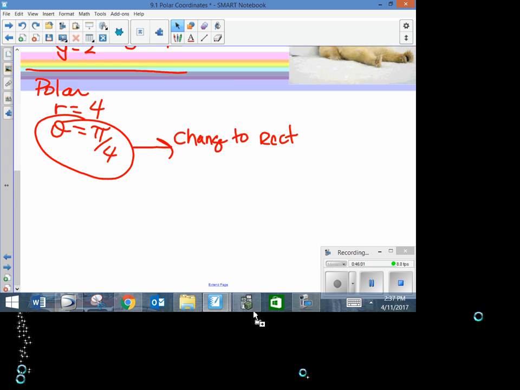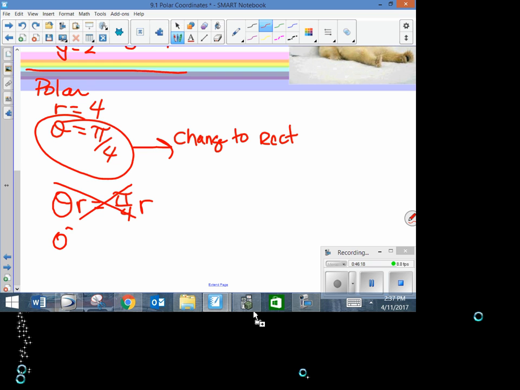Multiply both sides by R. It doesn't really get us anywhere. How about squaring? Okay, that doesn't really get us anywhere either. Anybody have any other suggestions?